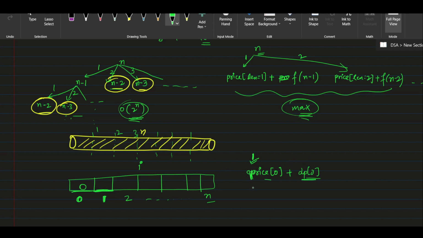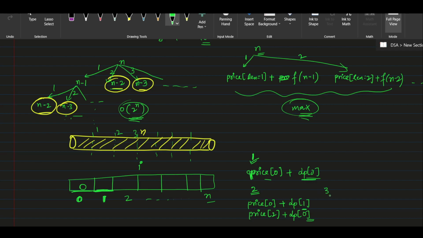Similarly, if I have the rod of length 2, then what will be the maximum profit? I will say that the maximum profit that I can get is price of 0, if I make a cut of length 1, then I will be left with the length of 1, or I can make a cut at 2, then I will be left with the rod of length 0.